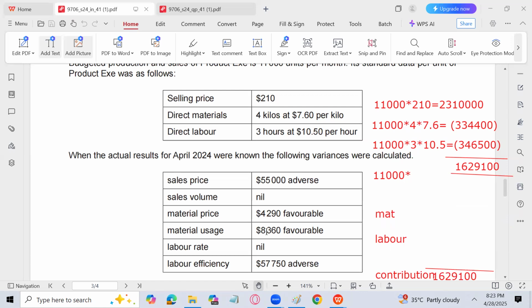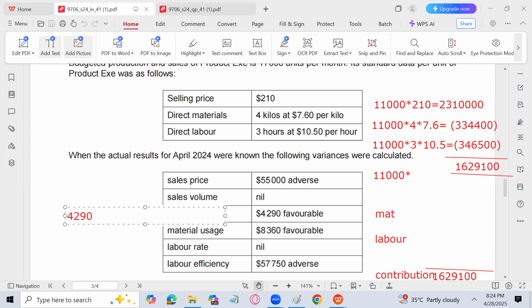It is because of the variances between flexed and actual, which includes material price variance and material usage variance. So it's quite easy. Let's find the total material variance. Material price is favorable and material usage is also favorable. So favorable, these both will be added. Please add this up.